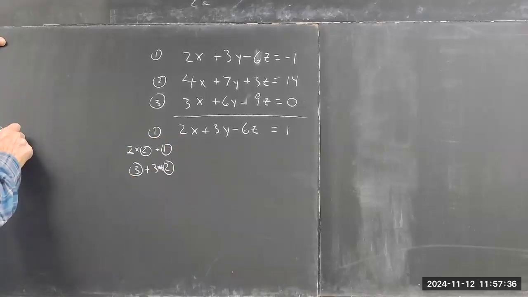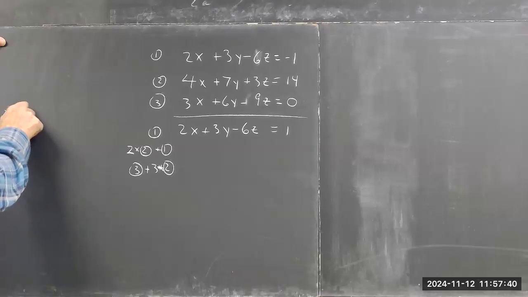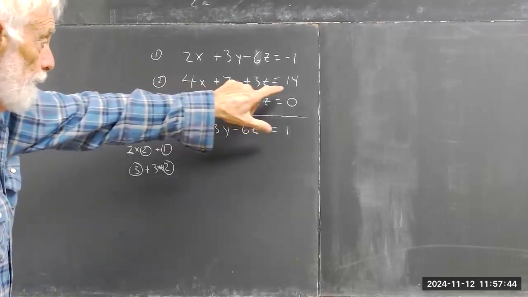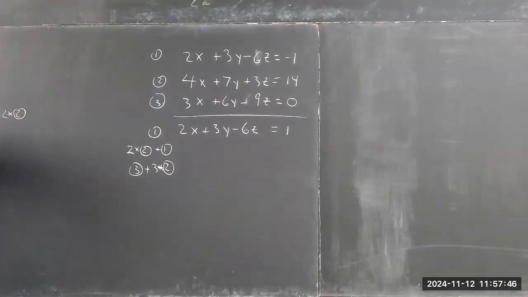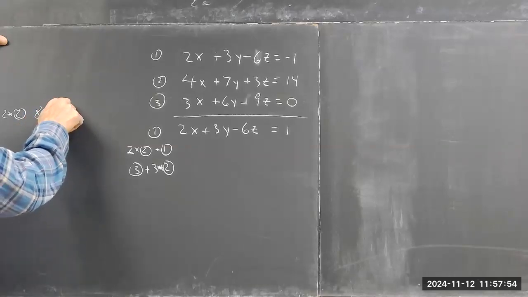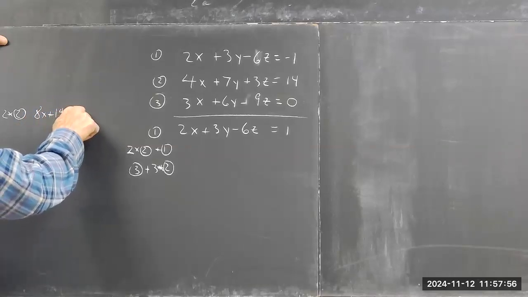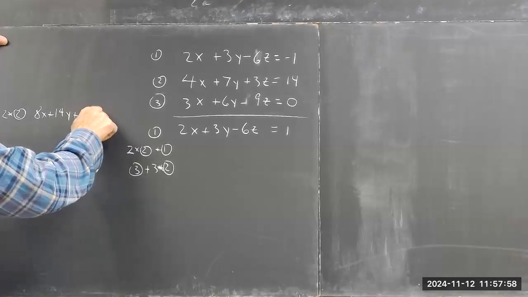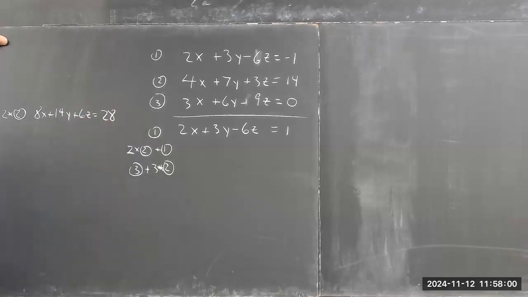So let's see, I'm just going to do 2 times equation 2. Okay, well, we multiply all these coefficients by 2. Then we get 8x plus 14y plus 6z equals 28.